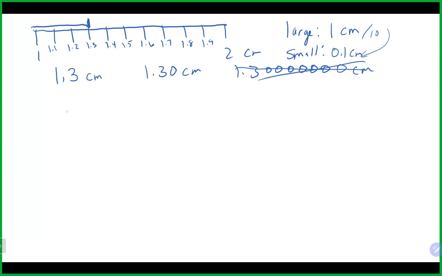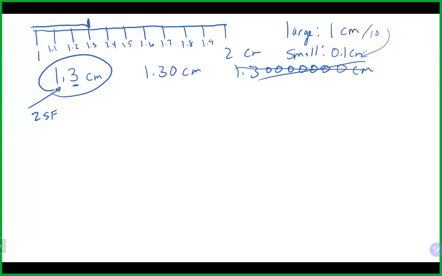If we look at 1.3, for example, here, right? This measurement that we take would have how many significant figures? 2 significant figures. The uncertain number, or the estimated number in this case, would be which number? It would be the 3.